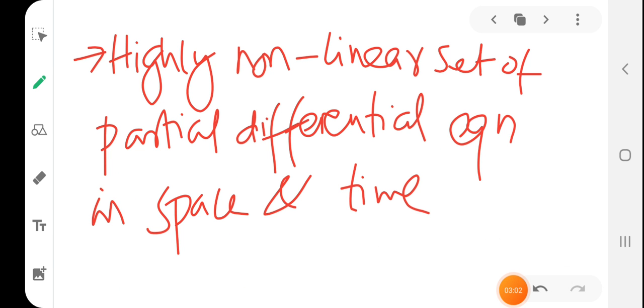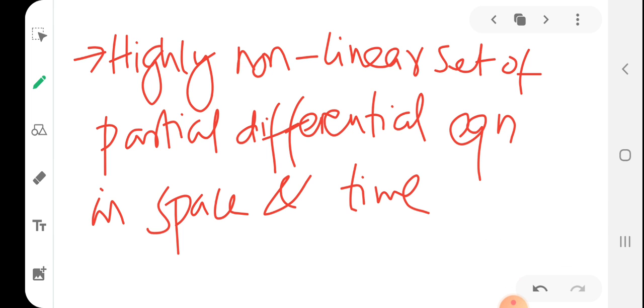Students should note that those equations are highly non-linear. Non-linear means of a higher degree. Linear means, for example, x plus 2y equals 0 is a linear equation. x squared plus 2y plus z squared is a non-linear, second degree equation. That's the difference between linear and non-linear.